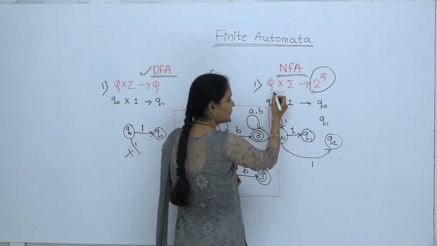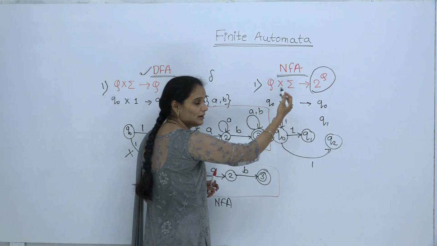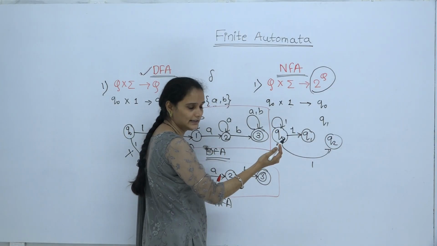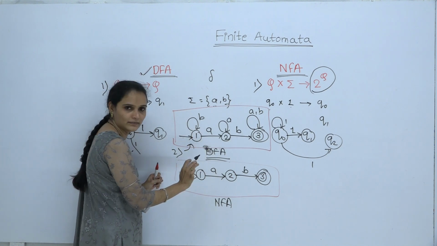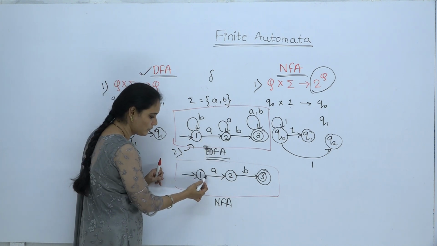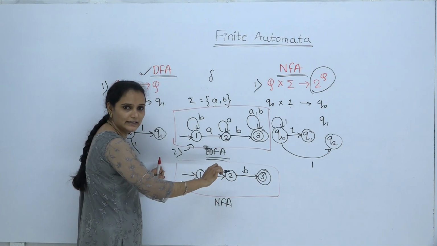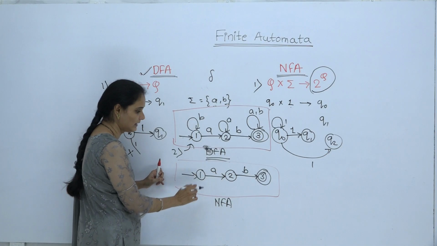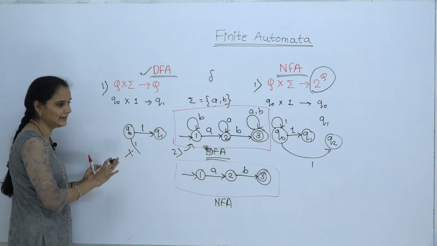Then NFA, Q into summation goes to 2 raised to Q, meaning on one input symbol it can go to more than one state also. And the rule we applied for DFA is not applicable: suppose A goes but from 1 B didn't reach any other state, it is also okay. So these are the rules for designing the DFA and NFA.